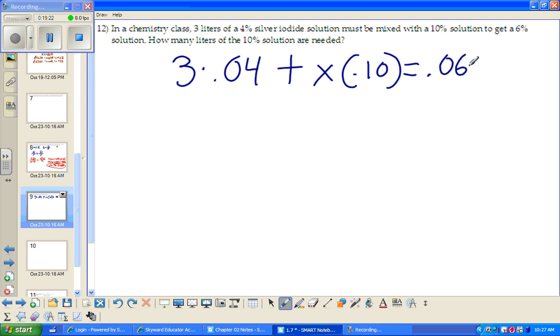So 0.06 times the total amount of liquid that we have, which is going to be 3 liters plus however many liters we added. So now, again, we're just going to solve for x.